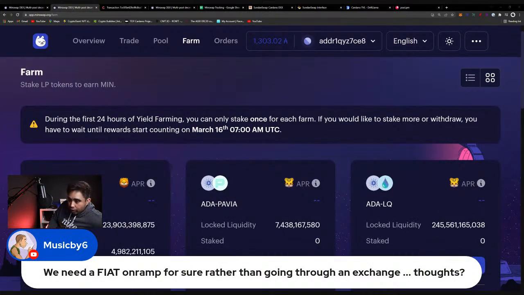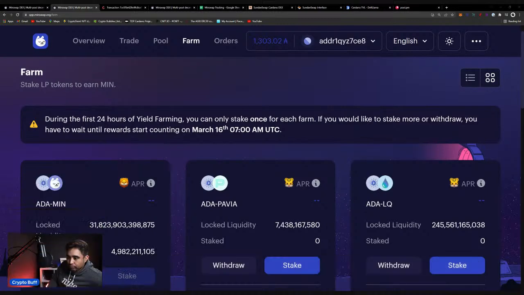So we need a fiat on ramp for sure, rather than going through an exchange. Thoughts? Yeah, for sure. We're going to see more of these decentralized applications. That's going to help create more use cases for the stablecoins. And the interesting part is I was reading about Jed, that you can use stablecoins to pay transaction fees on Cardano. So you don't have to use ADA for the transaction fees, which is cool.